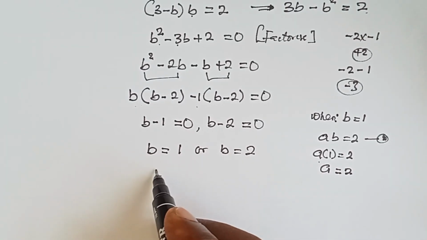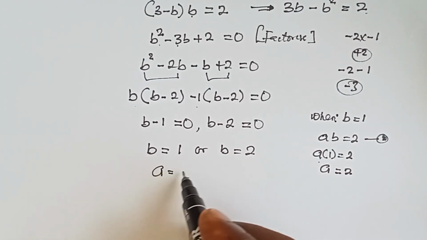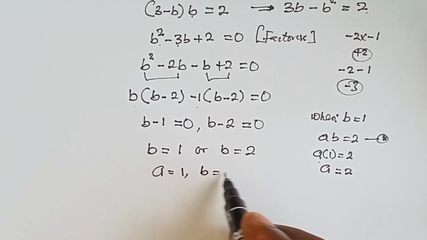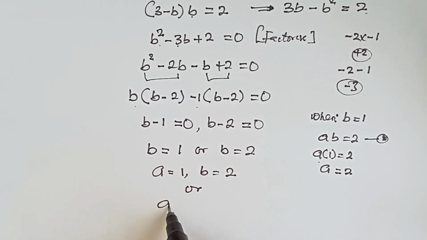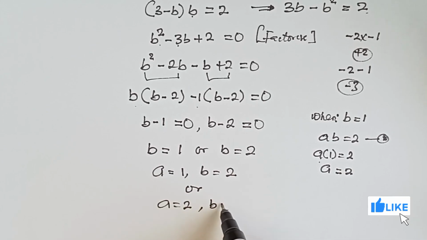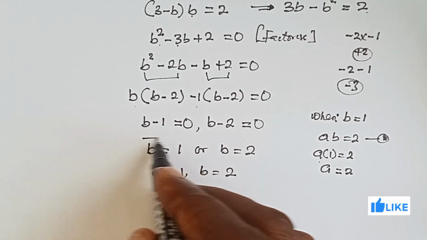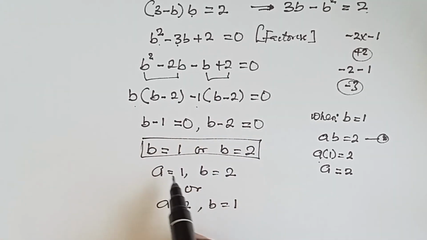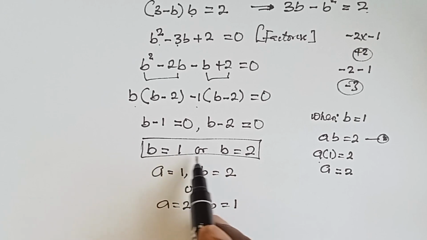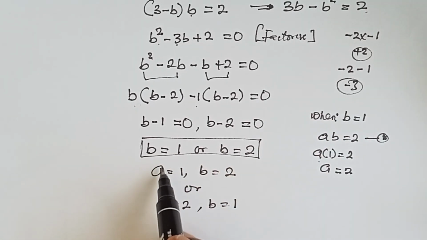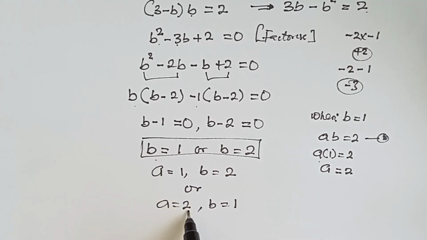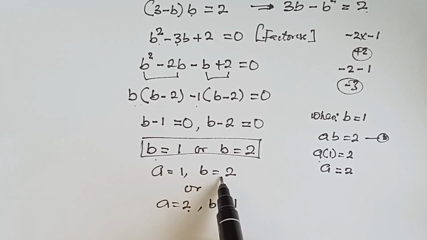So if a equals 1, b will be equal to 2, or if a equals 2, b will be equal to 1. That is what it means from here: when b is 1, a will be 2, or when a is 1, b will be 2.